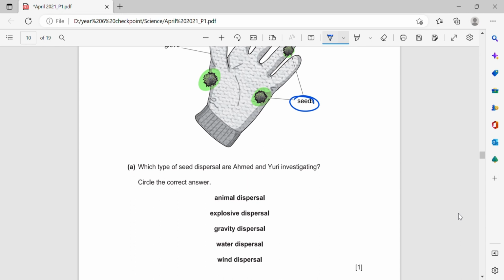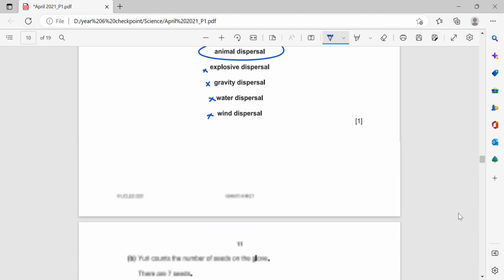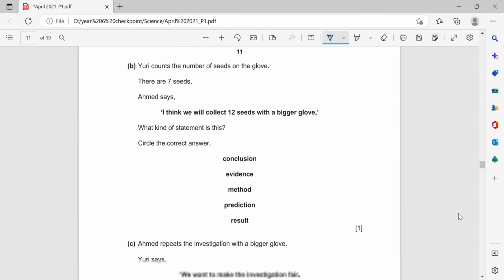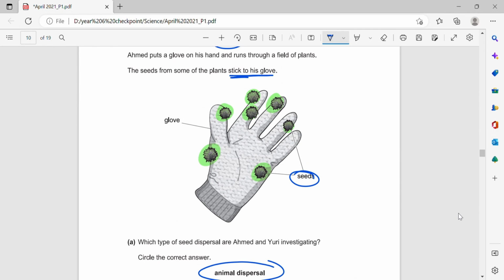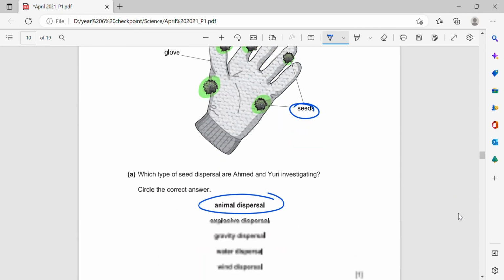Circle the correct answer. The seed dispersal through a living organism is called what? Great, we call it animal dispersal. Not explosive, gravity, water or wind. Okay? Question B. Yuri counts the number of seeds on the glove. There are 7 seeds. 1 2 3 4 5 6 7, 7 seeds indeed.